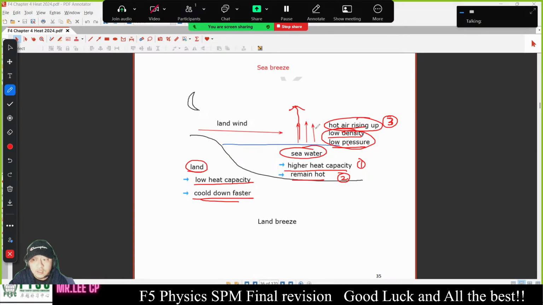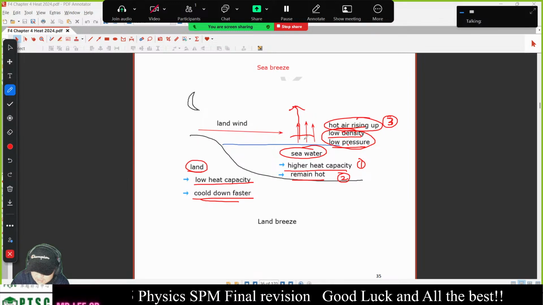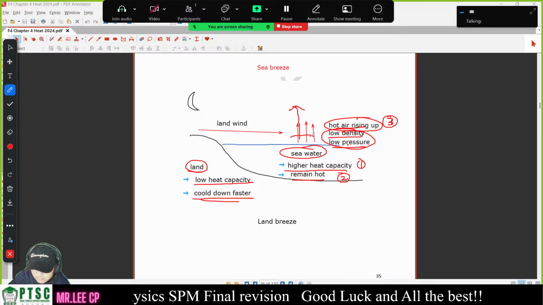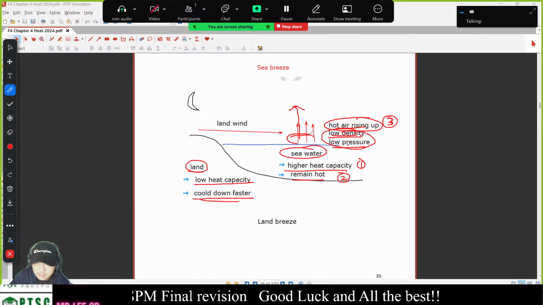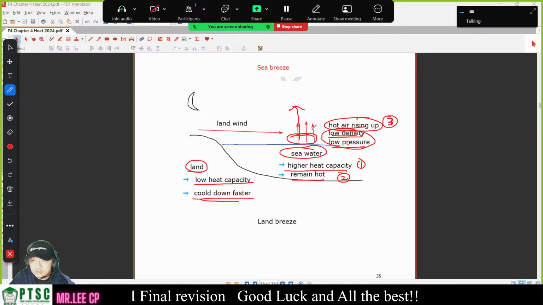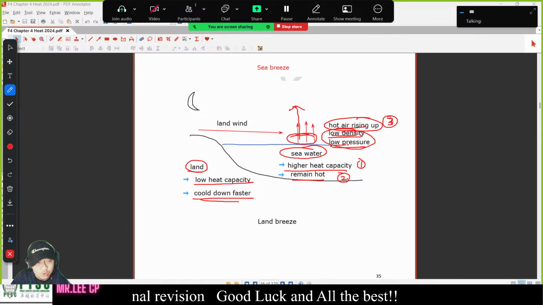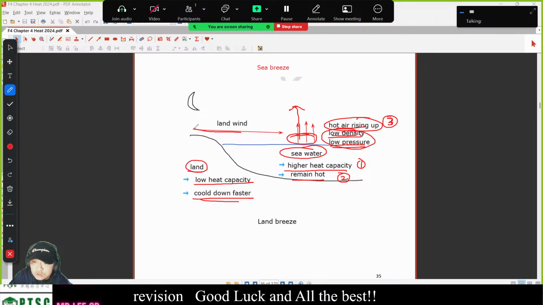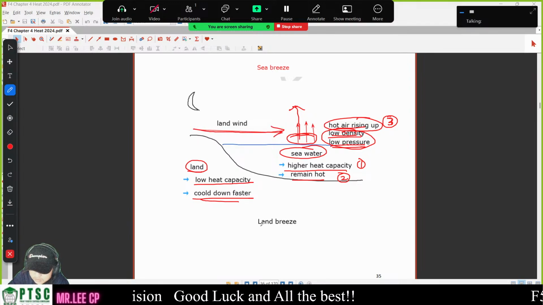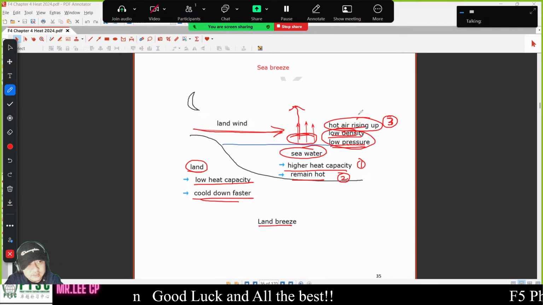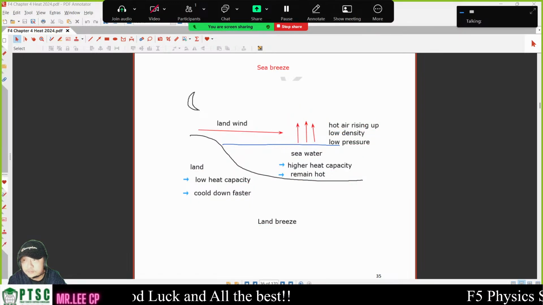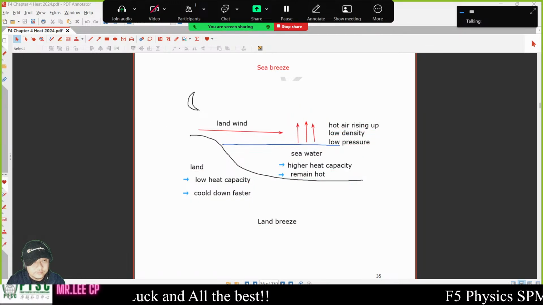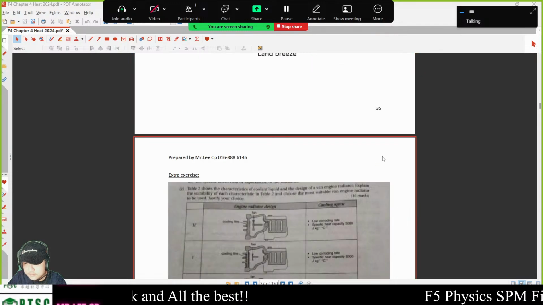So the density of the air at the surface of the water here is low. So pressure is low. So the wind will blow from the land. So this is called land breeze. Alright, land breeze. Alright, I hope you're okay.